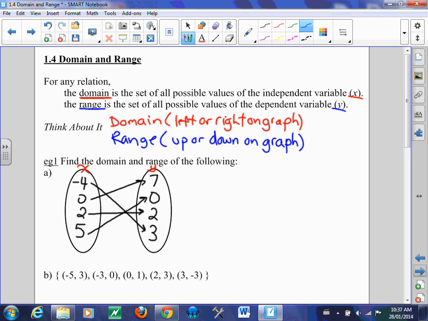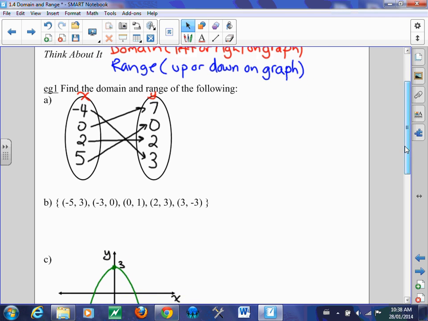All right? Let's take a look at a mapping example here. Find the domain and range for the following. Okay. So taking a look at the first one, A, I'm just going to color code it. So D for domain, capital D, and we're going to do these funny brackets. As long as you make them swirly, it tells you that it's a set of values, okay?